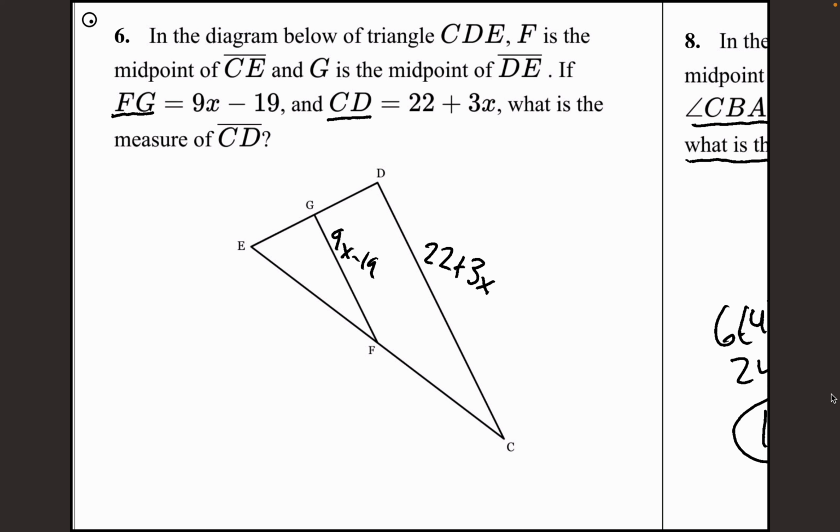You can start with whatever. I like to try to get it where my x is not negative. That's what I would recommend. Which one are you going to multiply by 2?